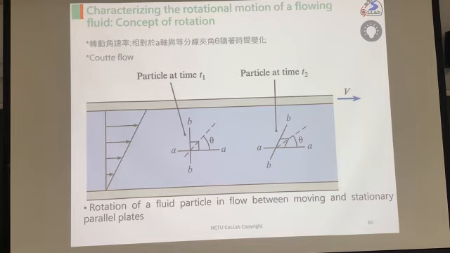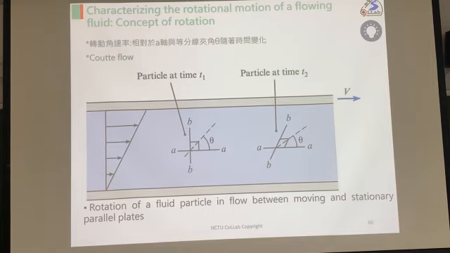Now we have some concepts for rotations. In the previous slides we always told you we don't mention rotations. We always consider the flow to be linear flow, not rotating. So if we consider the flow starting to rotate, can we identify whether it is rotational flow or not?